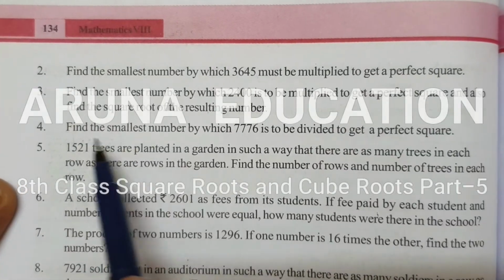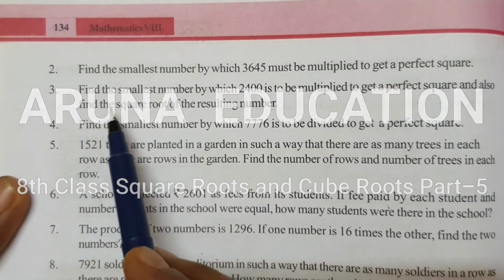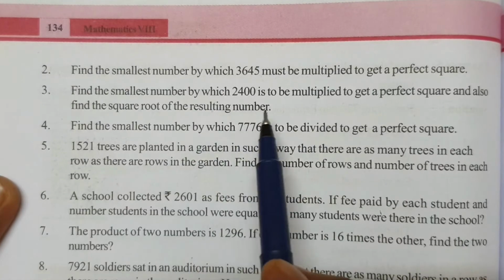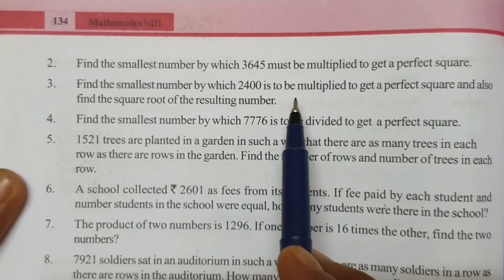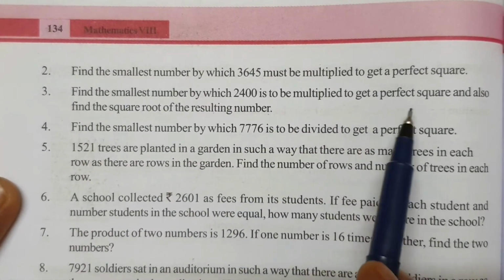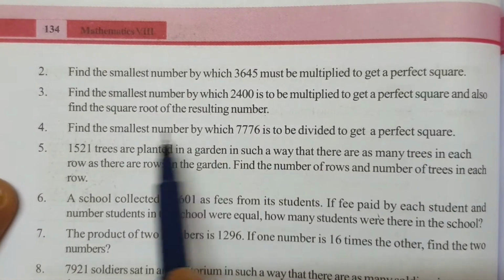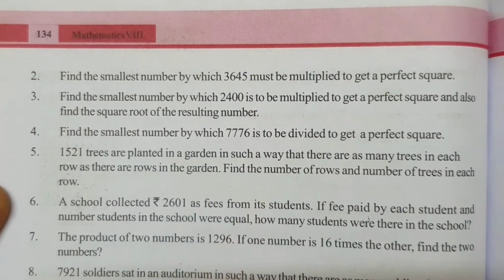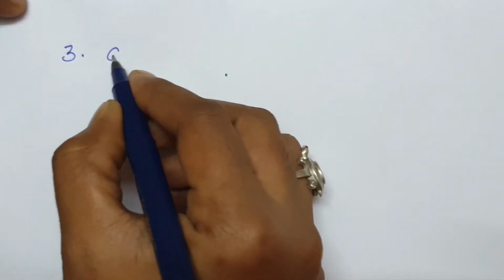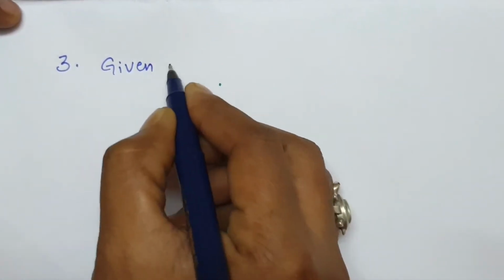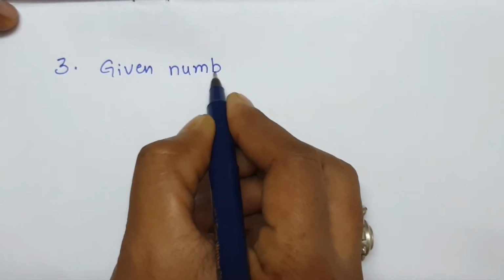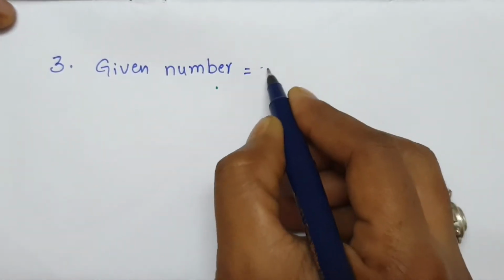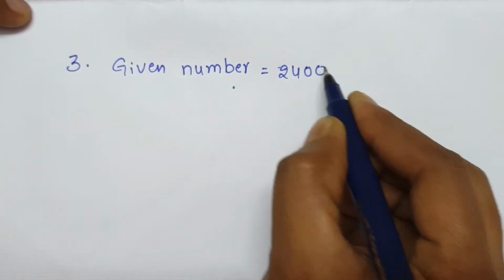Hi students. Third question. Find the smallest number by which 2400 is to be multiplied to get a perfect square, and also find the square root of the resulting number. Answer: given number 2400.